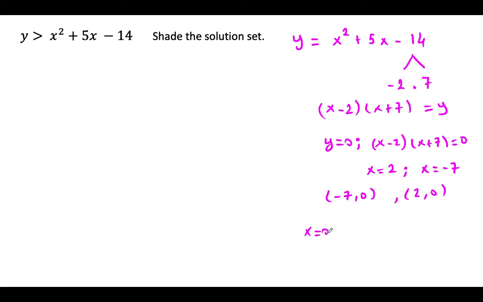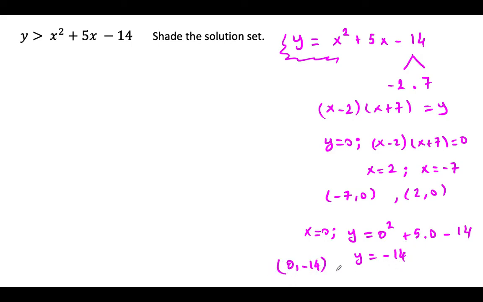And when x is equal to 0, what is y? 0 squared plus 5 times 0 minus 14, so the result is directly negative 14. Then (0, negative 14) is my y-intercept. That means the function passes through the y-axis there. And these are the x-intercepts.